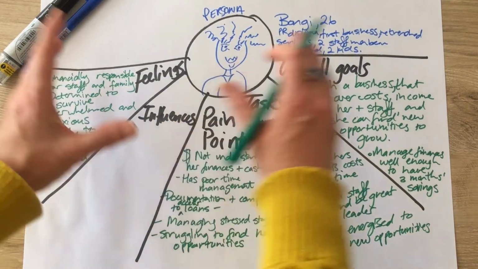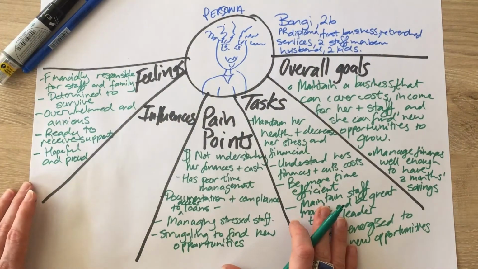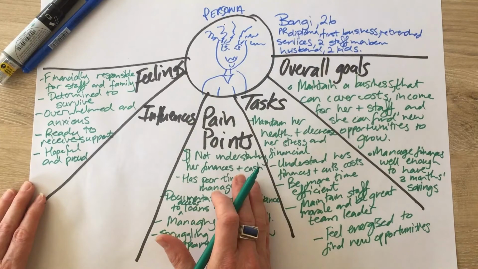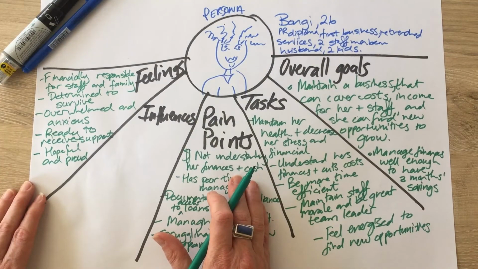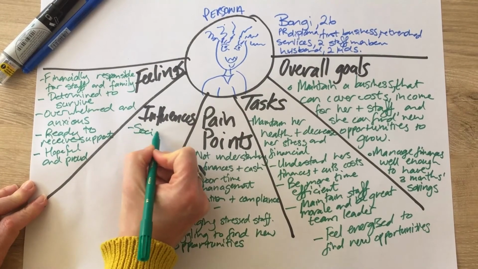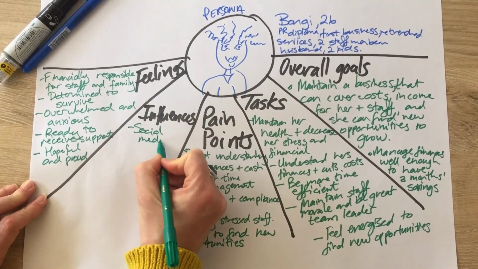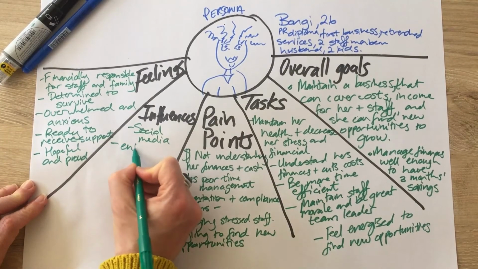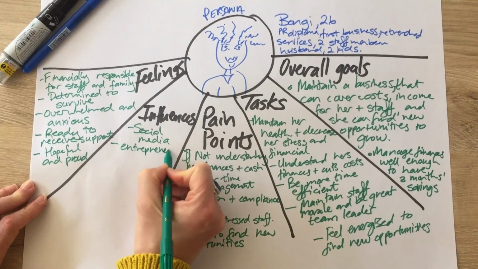Okay, we now have a good overall picture and understanding of our target entrepreneur. But how might we reach her to offer support? Well, Bongi's influences are, well, obviously social media. I think we all have that. Other entrepreneurs, sure, because they know what she's going through.